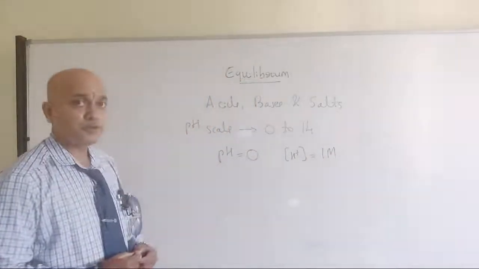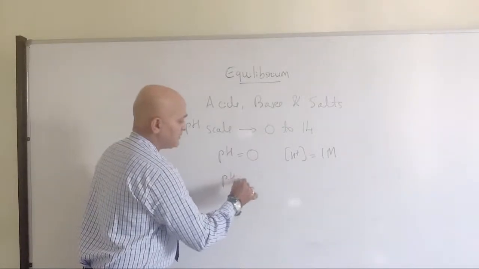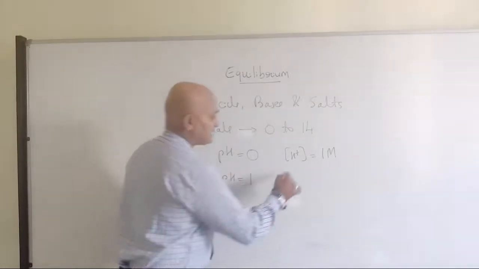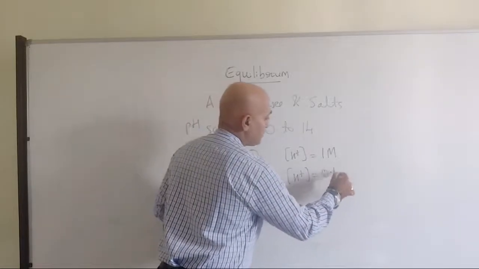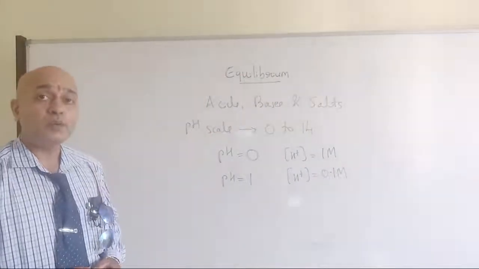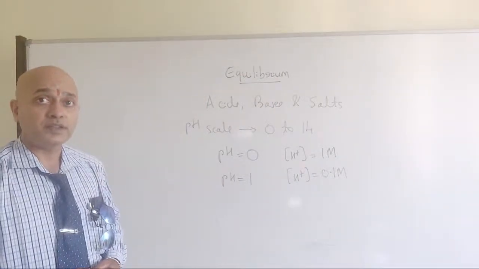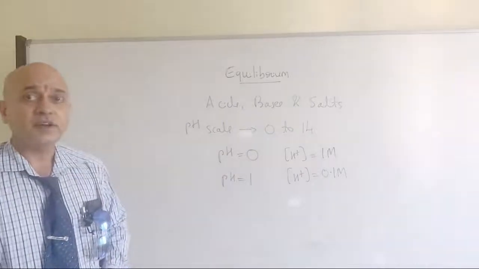It will be equal to 1 molar. So now when pH is equal to 1, naturally H plus concentration will become 0.1 molar. Right? So that's what we are going to get as the concentration.